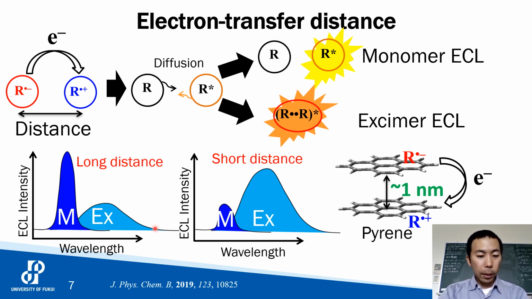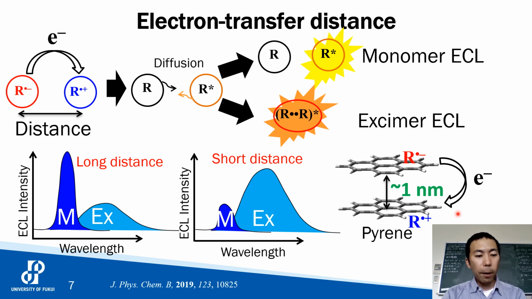So the intensity ratio of the monomer and excimer may give an idea of the electron transfer distance. For example, when the distance is long, the monomer emission will be stronger compared to the excimer emission. On the other hand, when the distance is short, monomer emission will be weaker than that of the excimer emission.